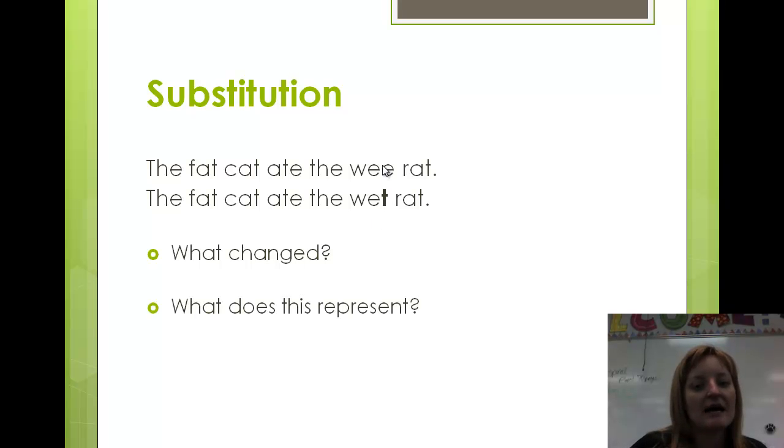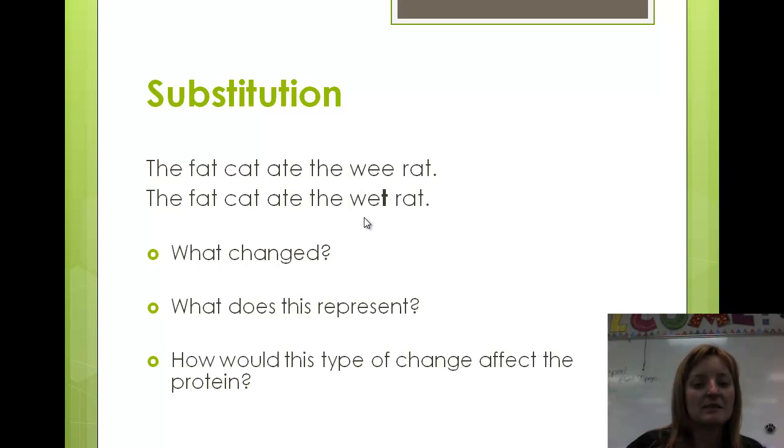This represents the codon being changed, and the nucleotide base being changed. And this is going to affect the protein. Either it will code for a different amino acid here, or it could code for the same thing, and we might not see a change. So maybe it's okay, maybe it's not.